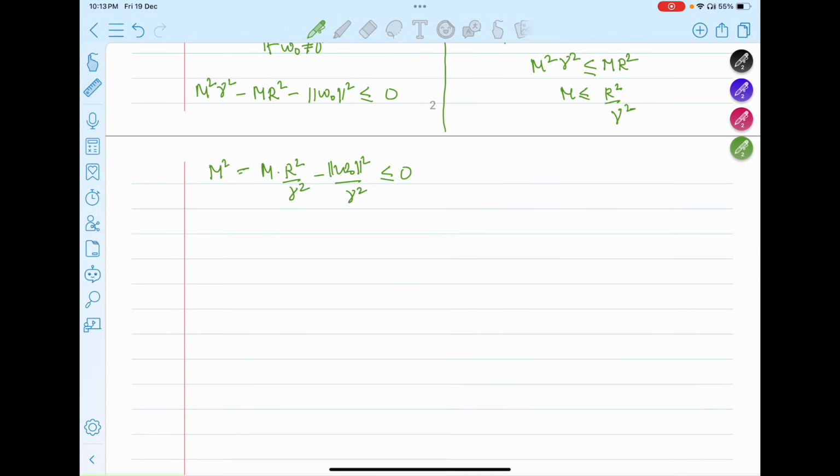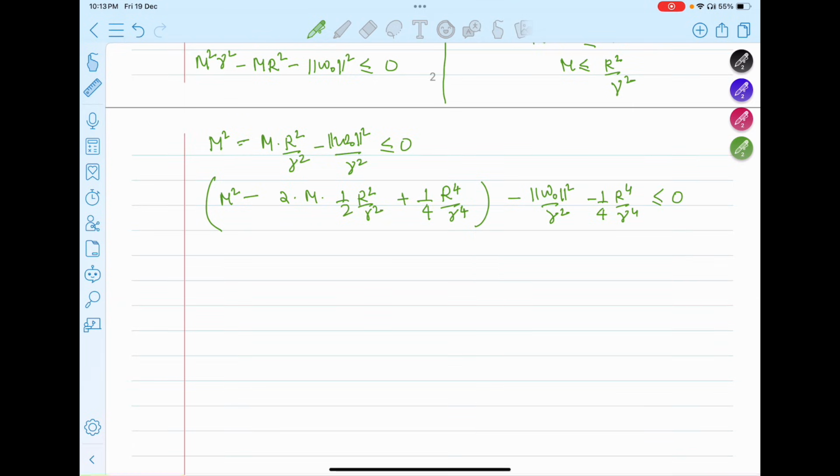I can further write this as M square minus 2 times M times, I'm completing the square, okay, plus 1 by 4 times R to the power 4 by gamma to the power 4. Okay. This is my square, by the way. And then I have to do minus of norm W_0 square by gamma square. And I also have to minus 1 by 4 R to the power 4 by gamma to the power 4. This is less than or equal to 0.